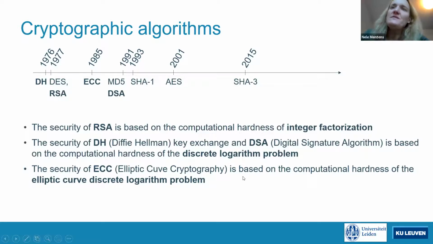And elliptic curve cryptography is actually similar, so it's based on the computational hardness of the elliptic curve discrete logarithm problem. What does this mean? Where we do a modular multiplication in the Diffie-Hellman and digital signature algorithm, we do a point multiplication in elliptic curve cryptography.